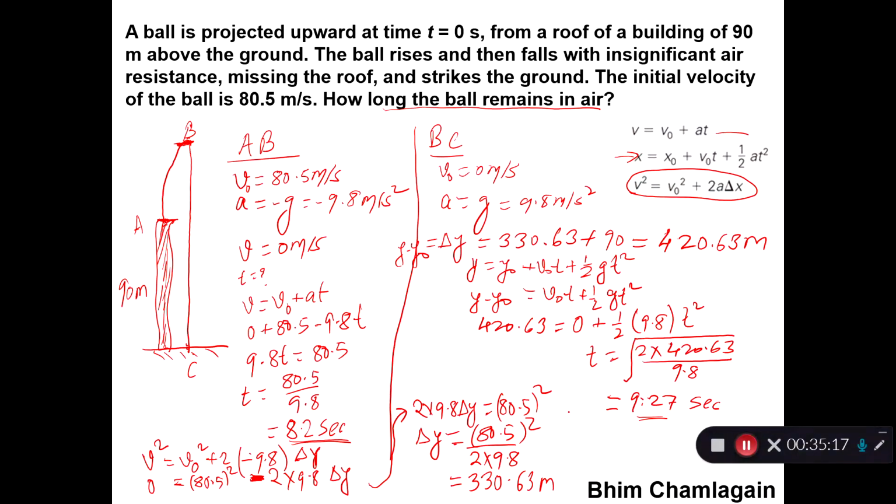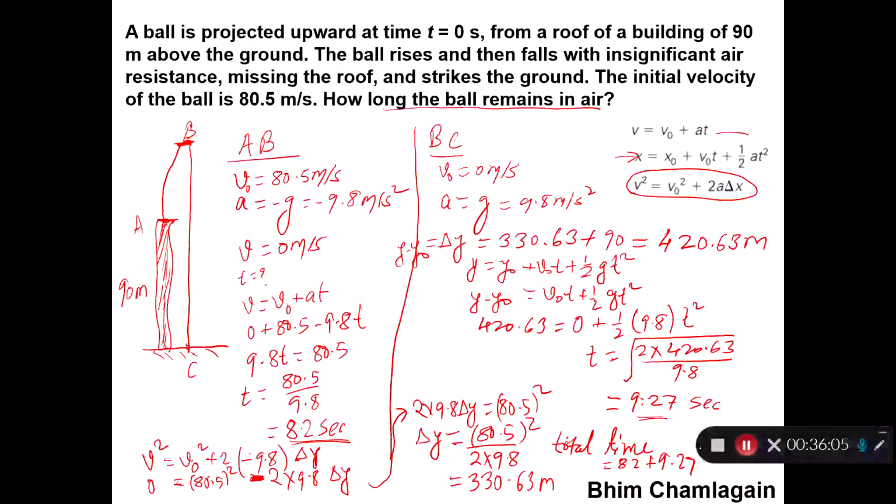So the total time the ball remains in air is the sum of these: 8.2 seconds going from the top of the building to the maximum height, plus 9.27 seconds to go from top to bottom.